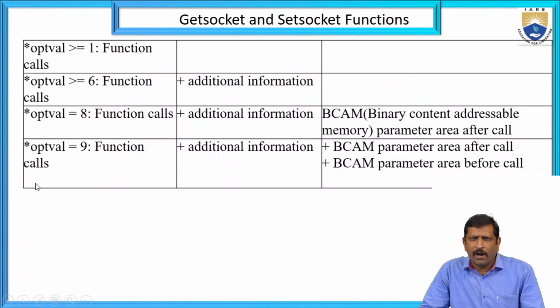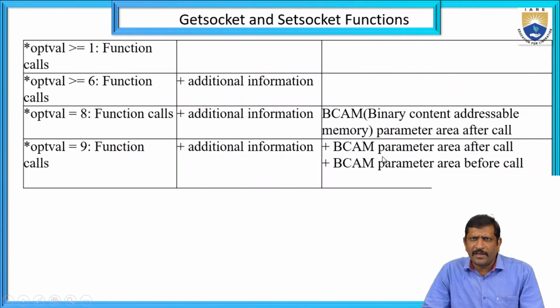And if the optional value is 9, we use the additional information and the BCAM, binary content addressable memory parameters, in this area after calling getsockopt and setsockopt.